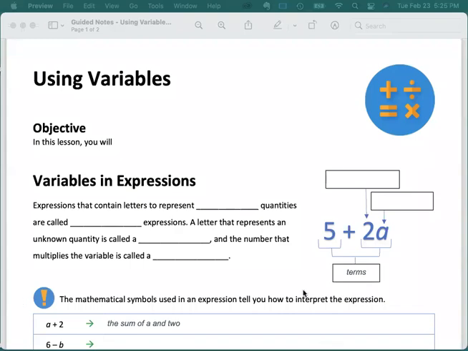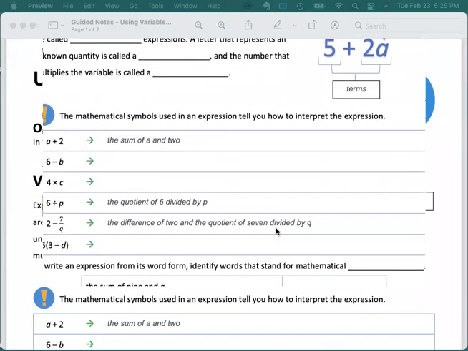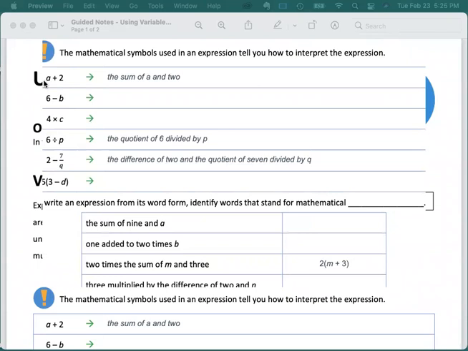So like this right here is the sum of a plus 2. This is the difference of b from 6.